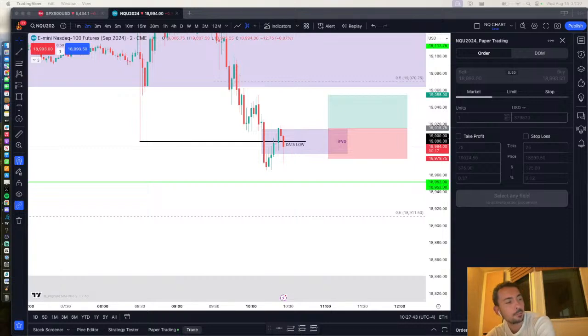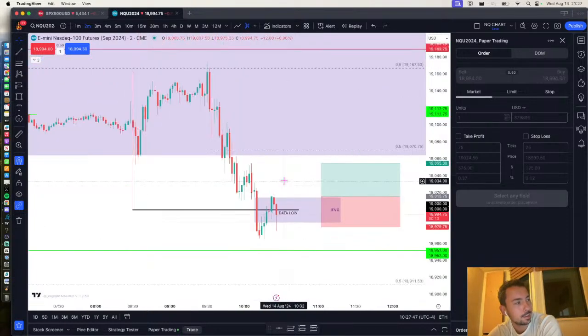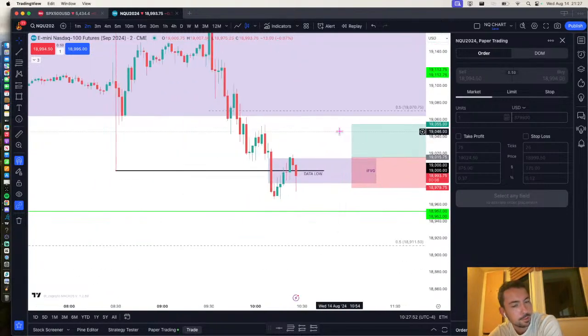You guys see how after the market delivers not to one set of liquidity, but two sets of liquidity, it starts to slow down and it doesn't behave the same way that it should.